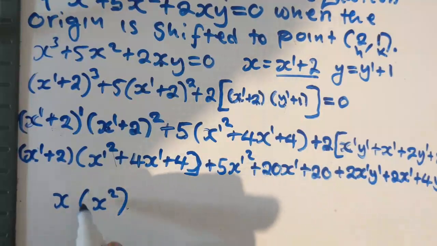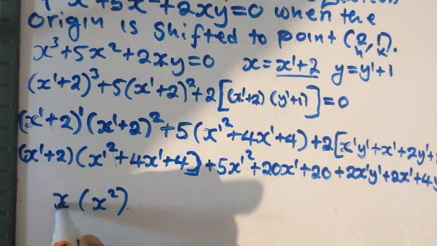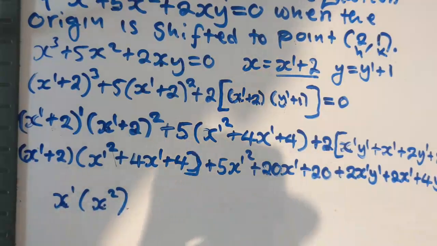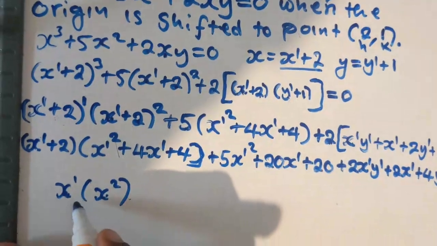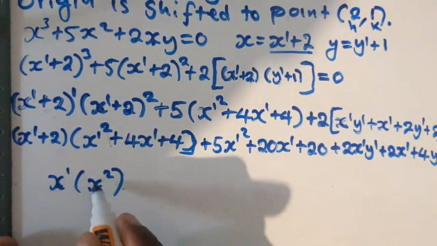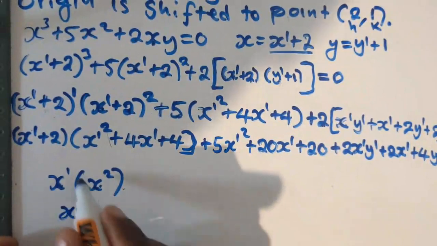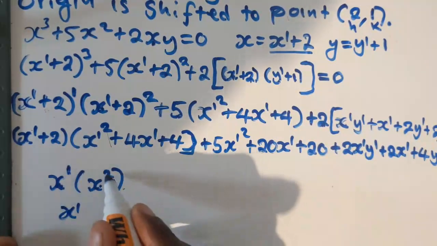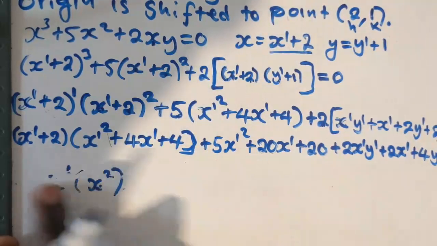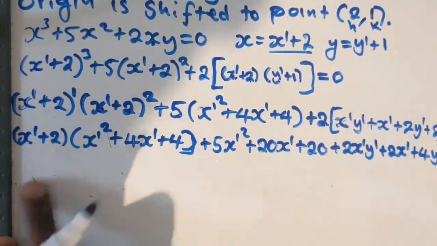When you're multiplying, these have the same bases, so what you do is you add the powers. Make sure that you know these indices rules when multiplying indices. You're going to get x prime, then 1 plus 2, that's going to be 3. Make sure that you understand this.